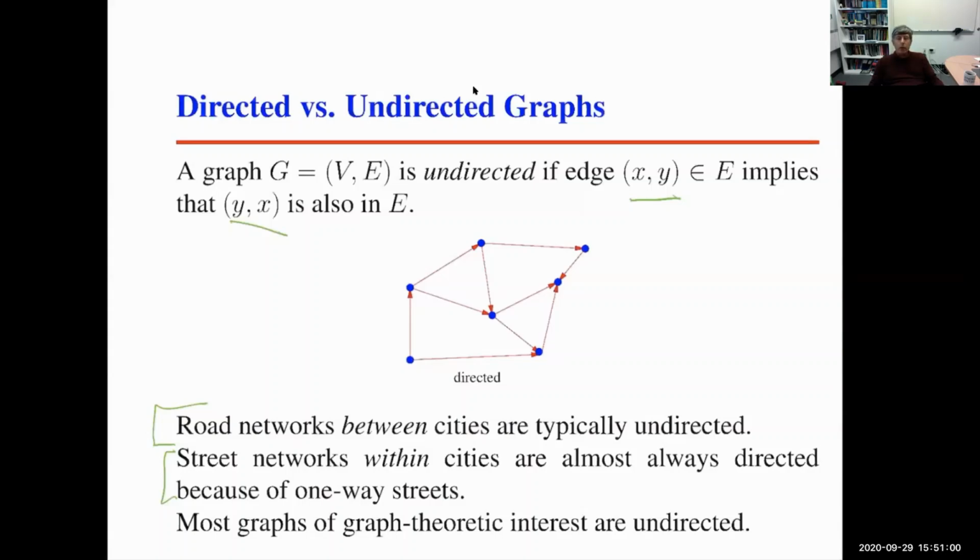On a one-way street, you can get from one point to another, but you can't get back along that way. So the first question you have to know about your problem is, do you have a directed or undirected graph? Any questions about that? Okay. In Facebook, the friends thing, is that a directed or an undirected graph?